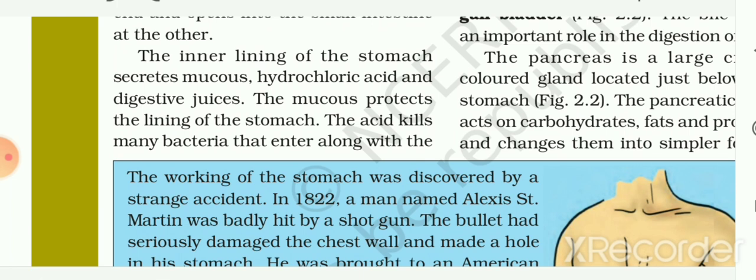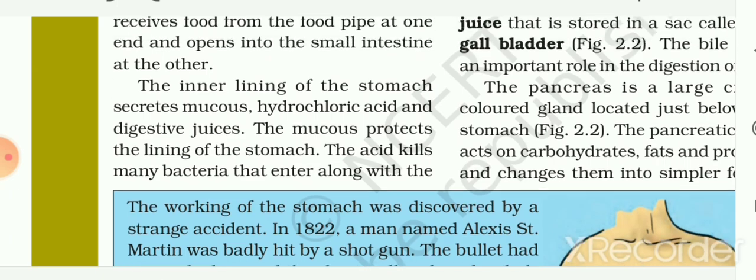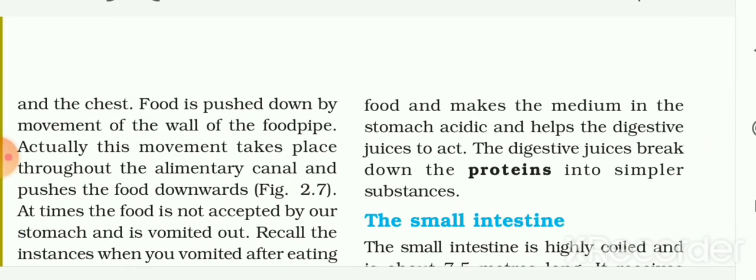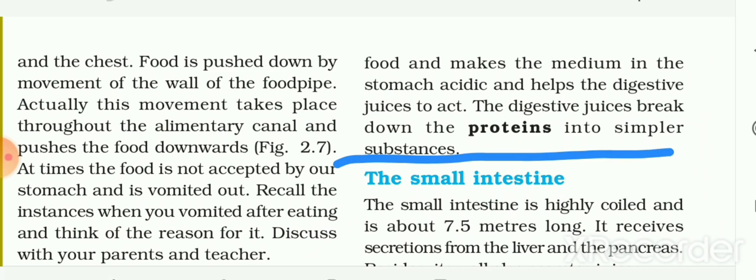The acid kills many bacteria that enter along with the food and makes the medium in the stomach acidic. That helps the digestive juices to act. The digestive juices break down the proteins into simpler substances. So now let us see how the food is processed in the stomach.